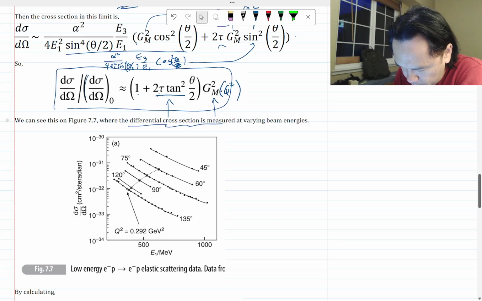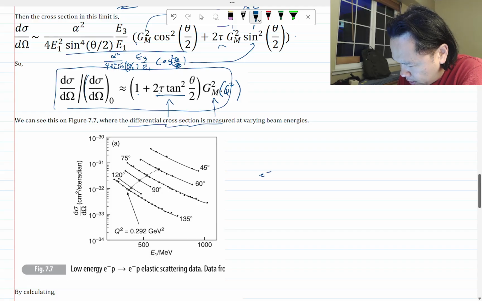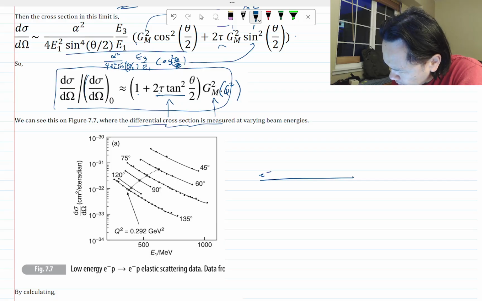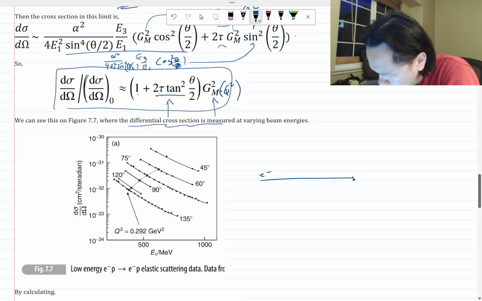So what they do is they set up an experiment. They have an electron beam coming in, and they can turn the energy of this electron beam up and down. And then they have a proton target. For some events, they basically count what the rate is. So P1, P3, you've got P4.